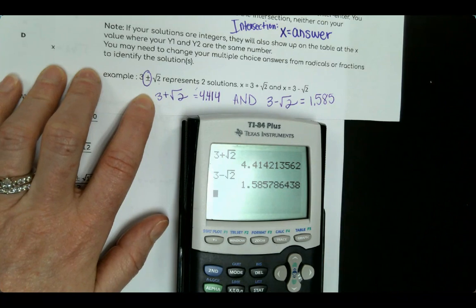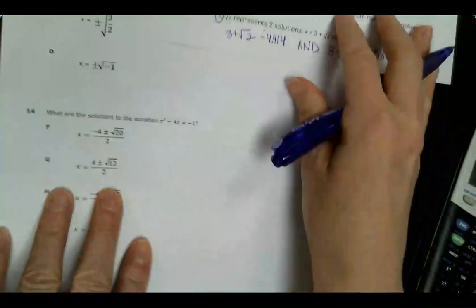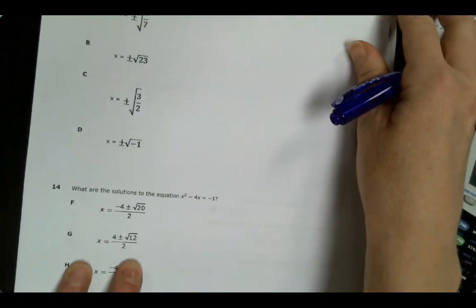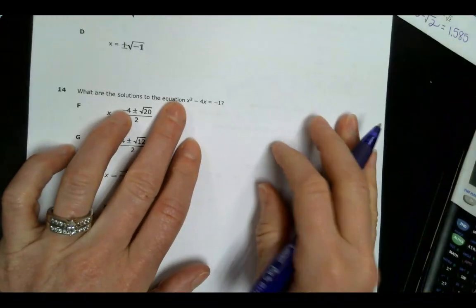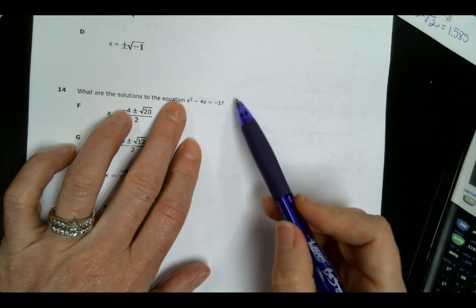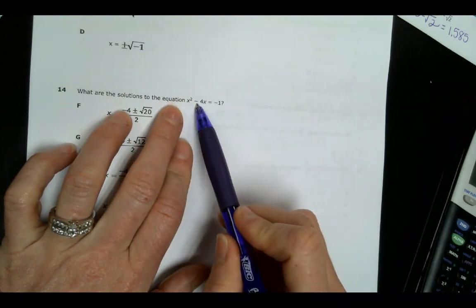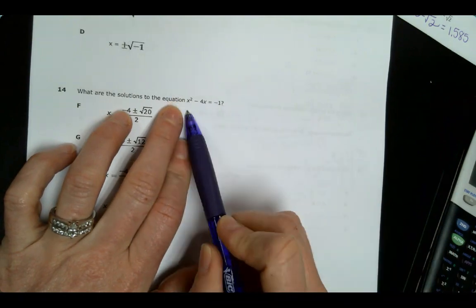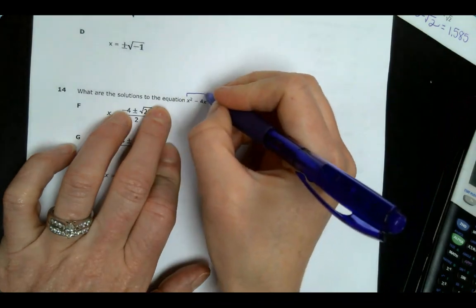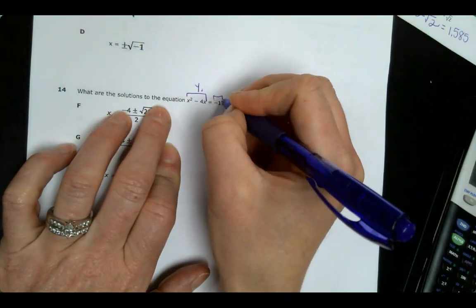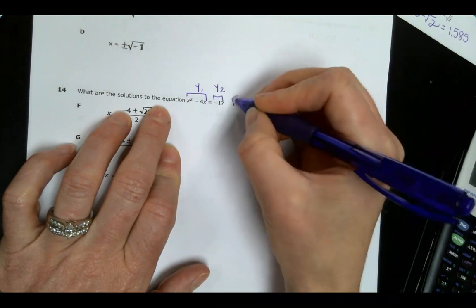Remember, I gave you 2 ways of doing it. You can do this 2 different ways. You can say y equals x squared minus 4x plus 1. Or you can put this into y1, this into y2, and find the intersection.